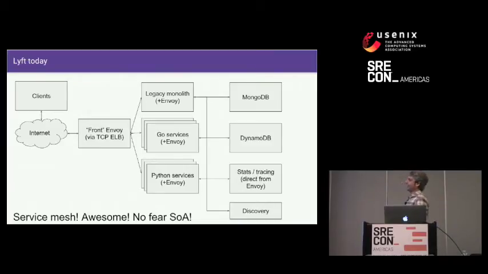On the back end, from a data store perspective, we've got MongoDB, we've got Dynamo, we've got stats and tracing, and those all come direct from Envoy. And we still have our service discovery service. What we find, which I'll get to in a second, is that this base layer, running this proxy alongside each application, gives us not only features, but amazing visibility.